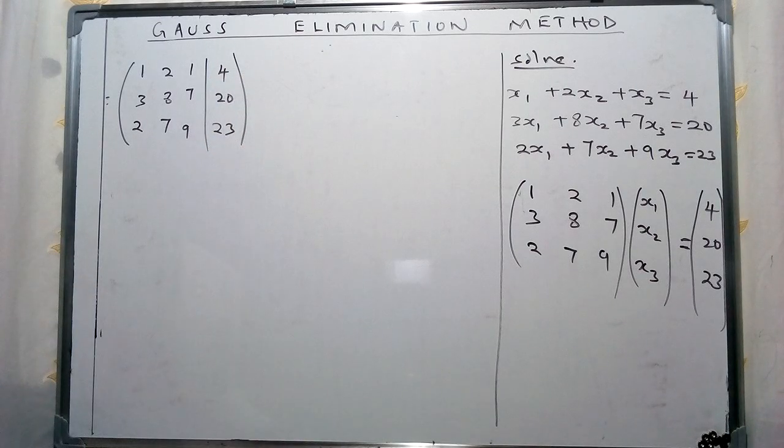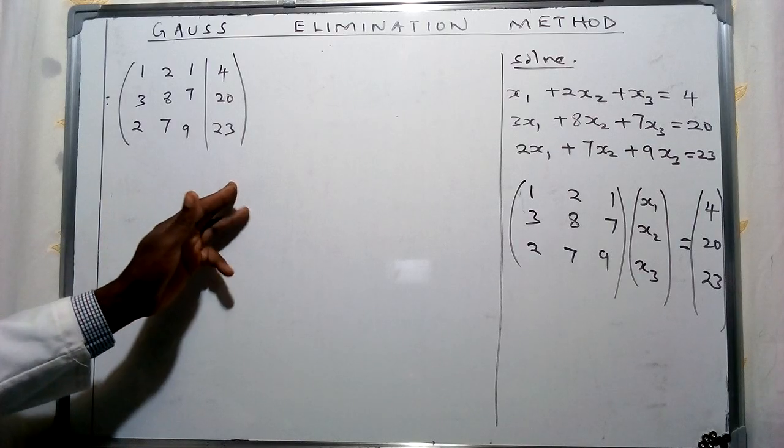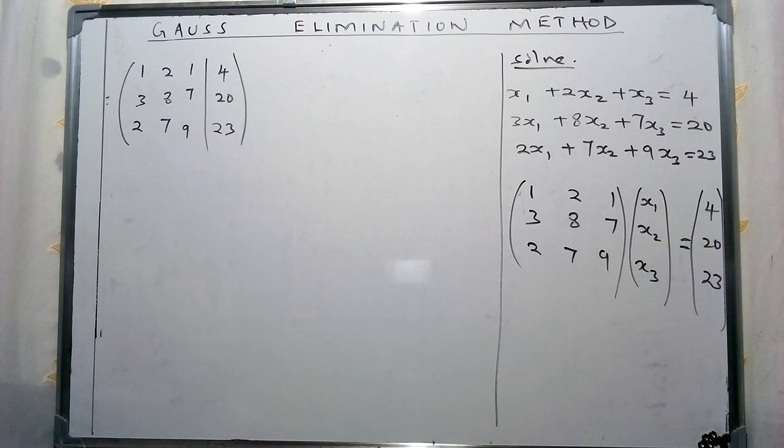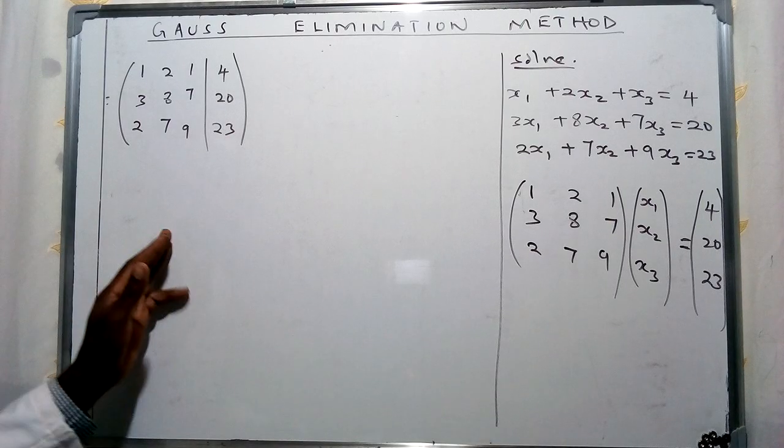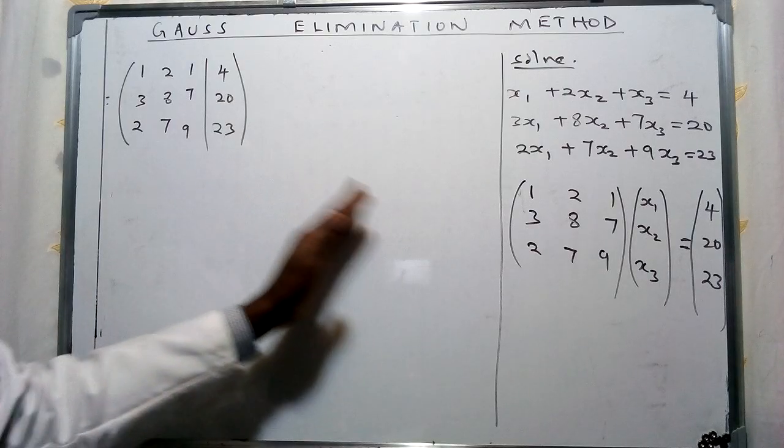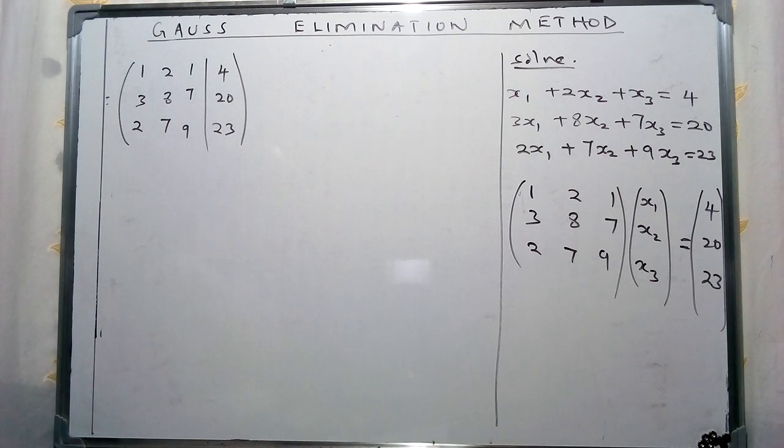So we're going to perform some sequence of elementary row operations which are going to assist us in trying to reduce this one to an echelon form. And I'm going to perform a series of operations which are going to assist us in trying to evaluate this specific set of values.